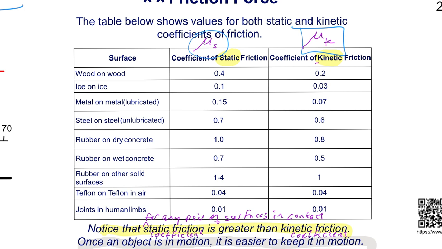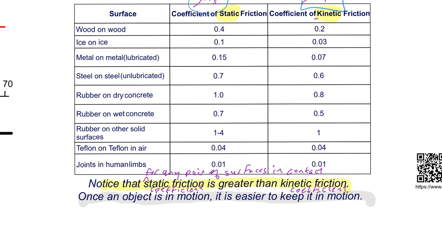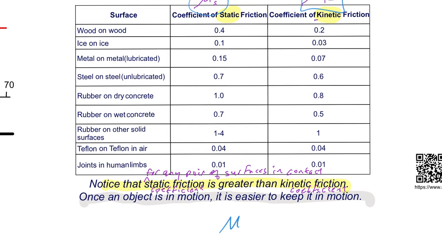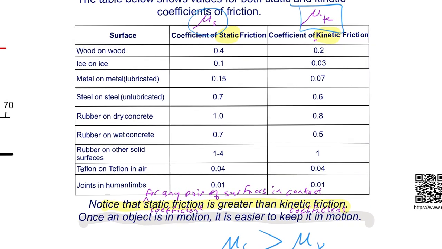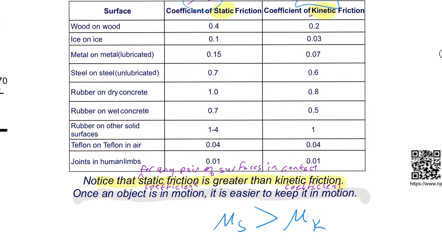Now you can see the static friction is always bigger than the kinetic coefficient of friction. The coefficient of static friction for two of the same surfaces is always bigger than the coefficient of kinetic friction. You can see that pattern.